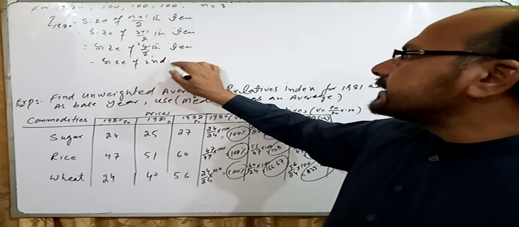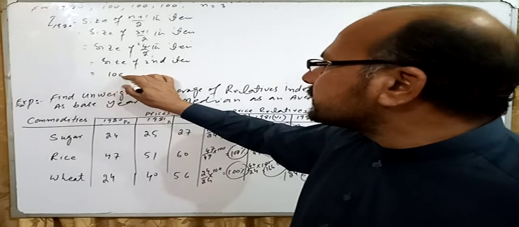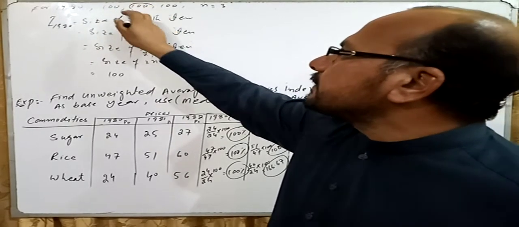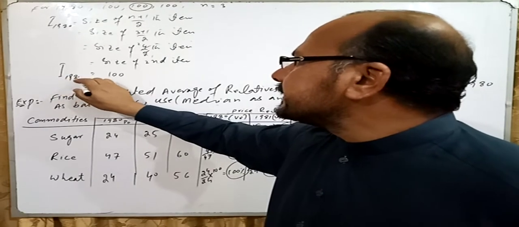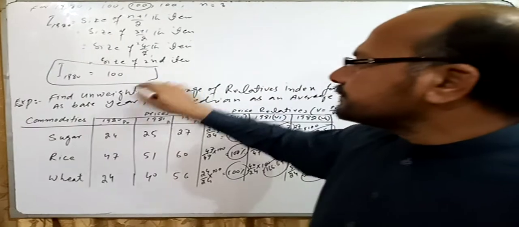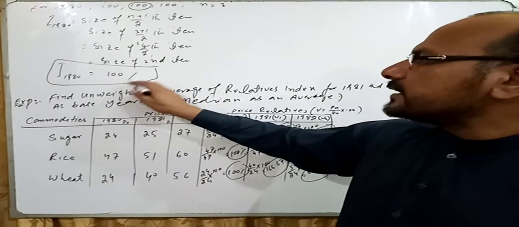So the size of the second item is 100. This is the first item, this is the second item. So I 1980 is equal to 100.